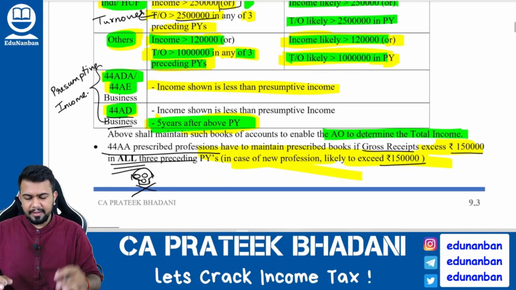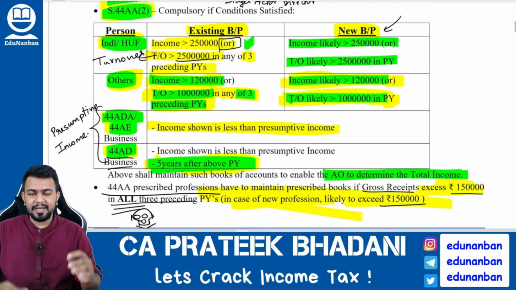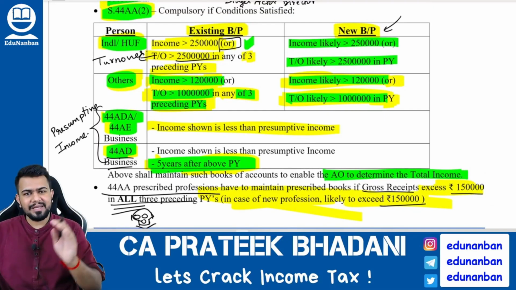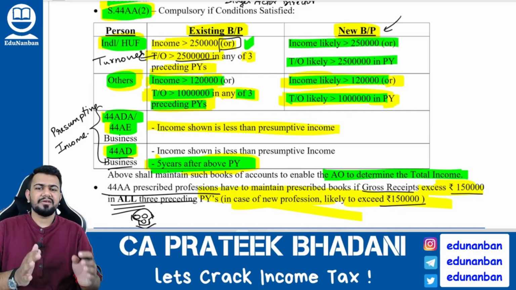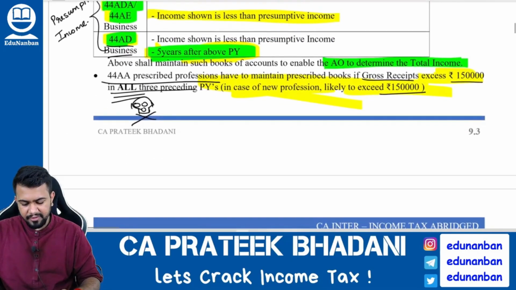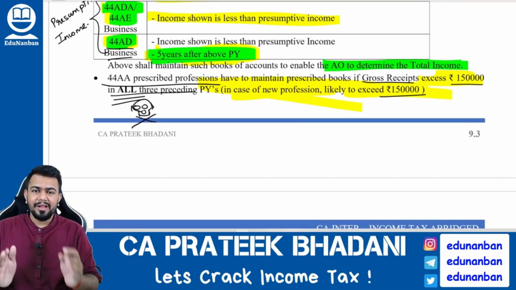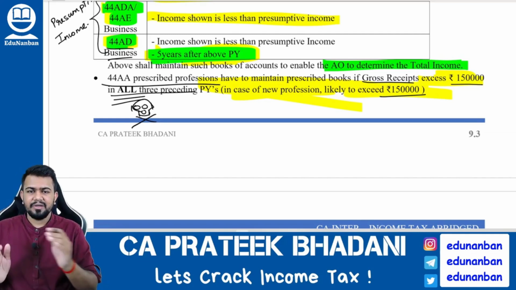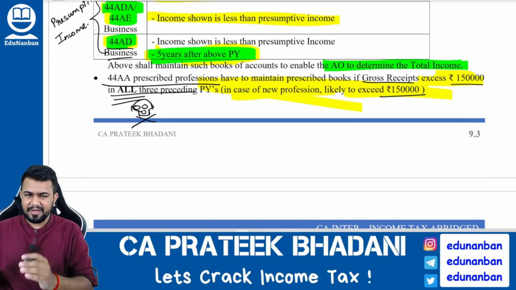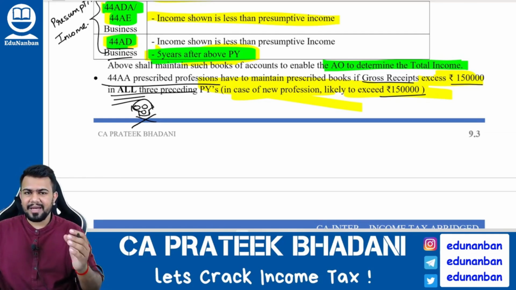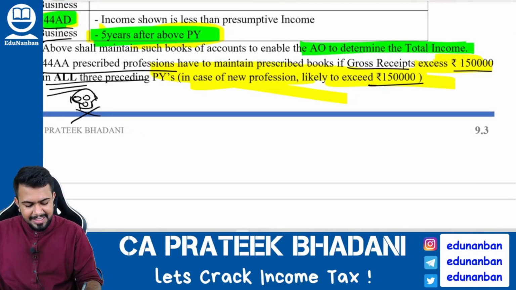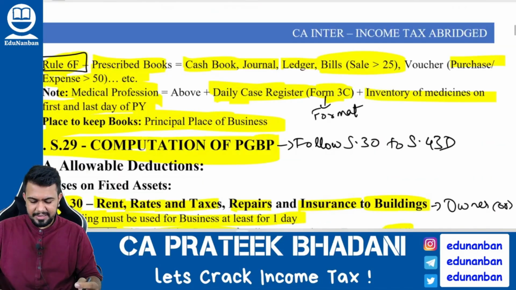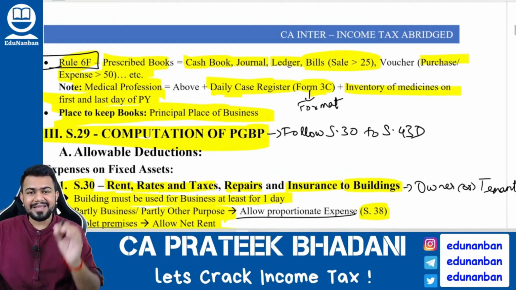Okay, be clear with the difference. Generally, all the professions should compulsorily maintain books of accounts, such books of accounts which will enable the assessing officer to determine the total income. However, if in all the three preceding previous years the gross receipts is more than 1,50,000, or in case of new profession the gross receipts is likely to exceed 1,50,000, in such case they should maintain prescribed books of accounts.